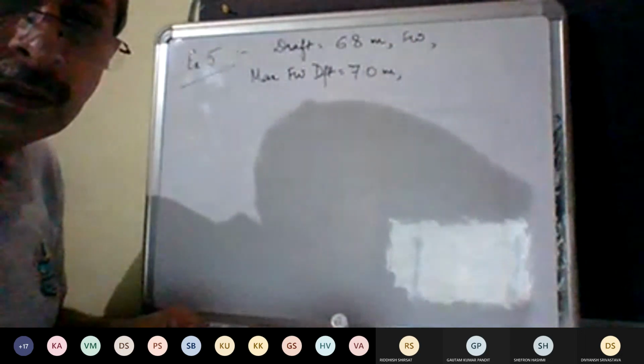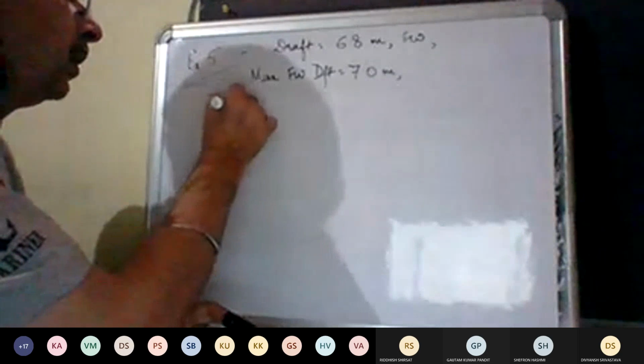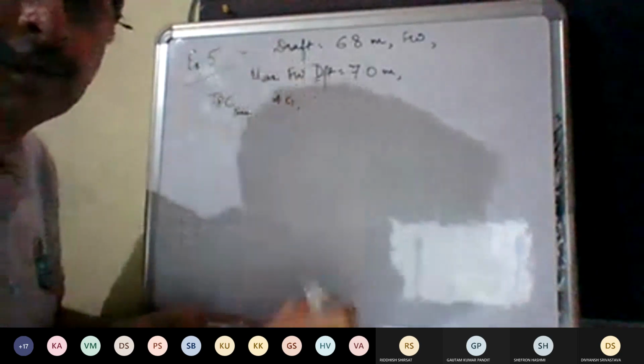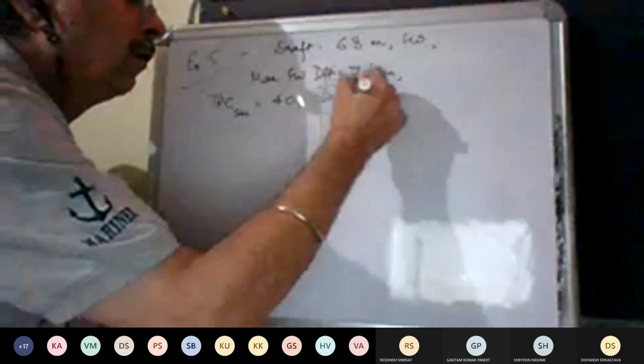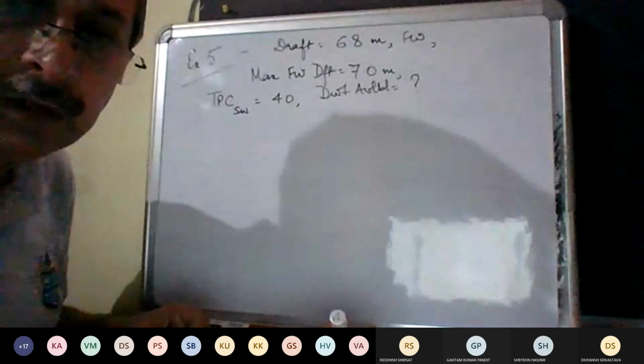The saltwater TPC is 40. Find the deadweight available.